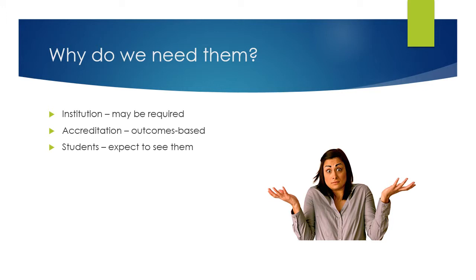So there could be a couple layers of accreditation that require objectives. And also students expect to see them. Some students may not know what an objective is, but a lot of students do expect to see the objectives so they know exactly what's going to be covered.